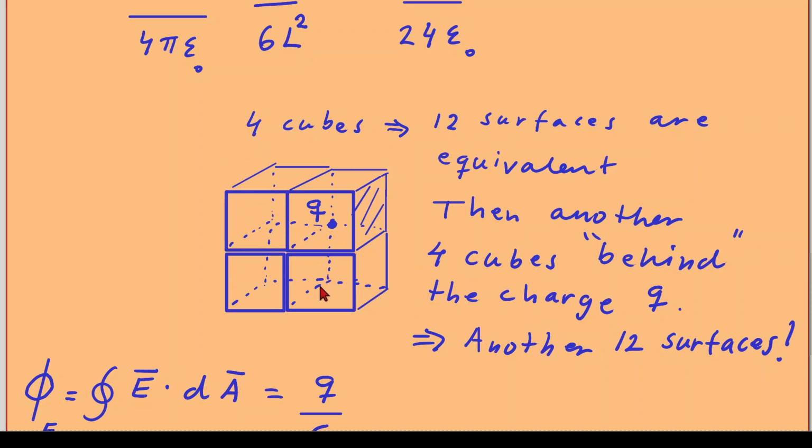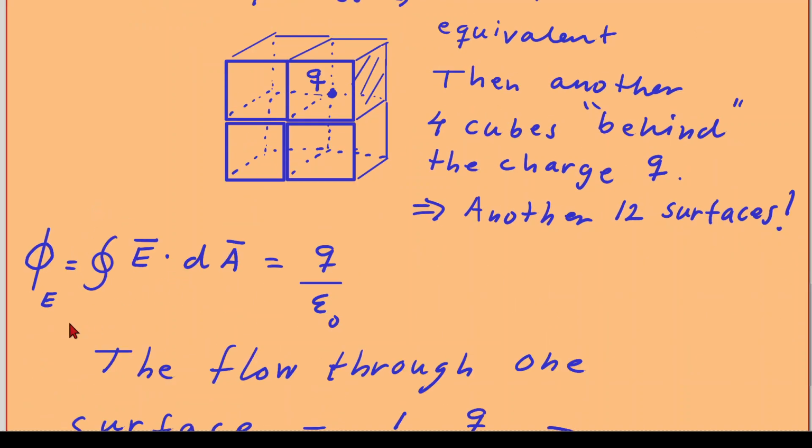Then 1, 2, 3, 4 outer surfaces towards us. So it's 8 surfaces, and then you need to place another 4 cubes behind the charge. So 8 plus 4, 12 surfaces, and then behind the charge another 12 surfaces, i.e. 24 surfaces.